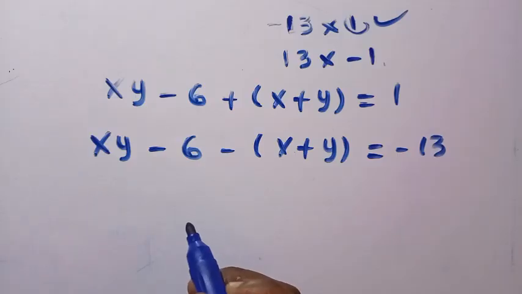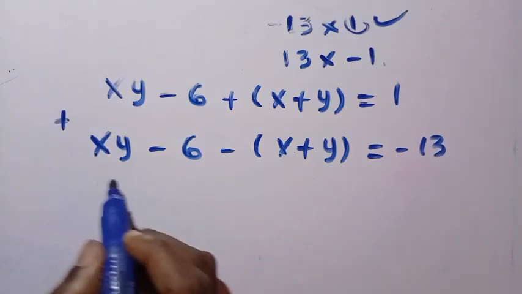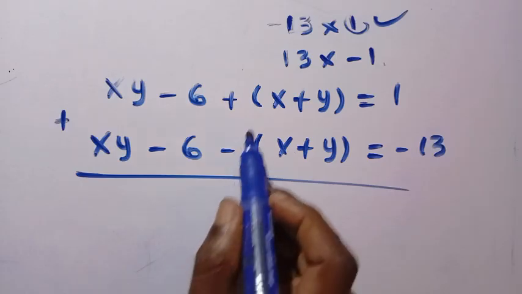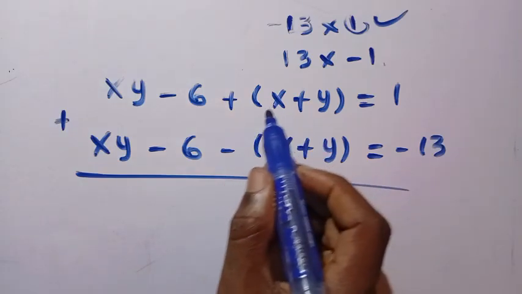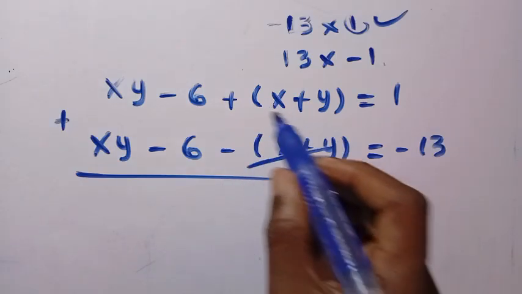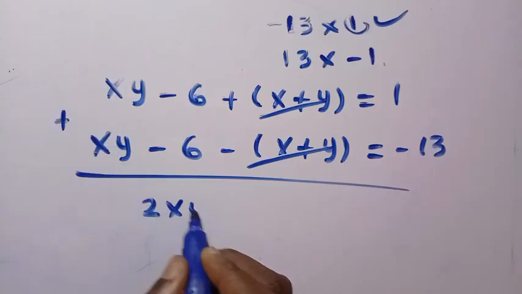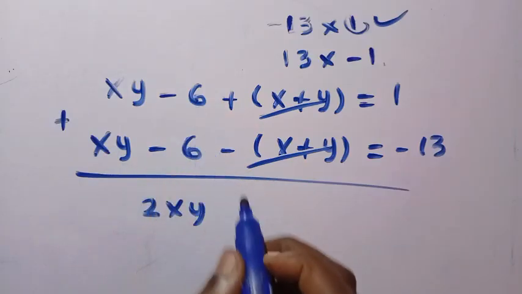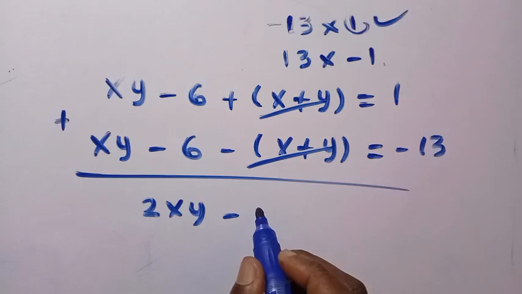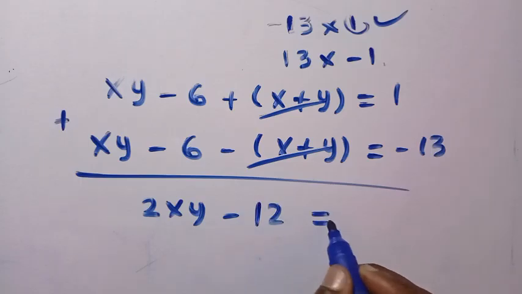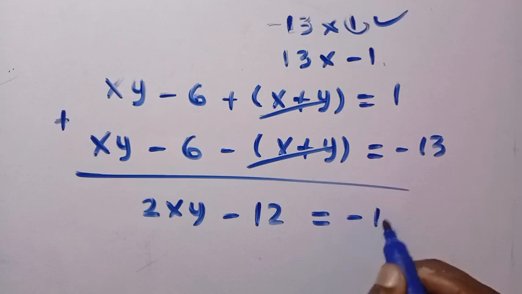First thing we do is by adding this together. By adding this, because this and this later cancel each other, when this cancels, we have x plus x. This gives us 2xy. Then here becomes minus 12, and this equals minus 12.